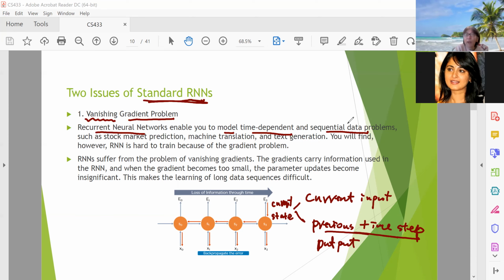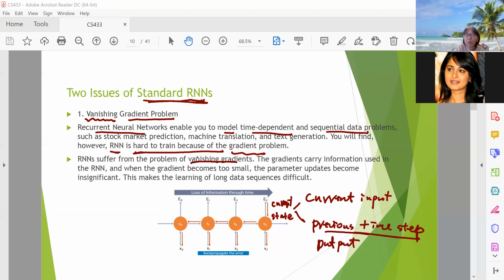Be careful, it must be a sequential, time-dependent problem, as we already saw: stock market, machine translation, text generation. But if we just use that, it's hard to train the RNN because of the gradient problem, called the vanishing gradient problem.